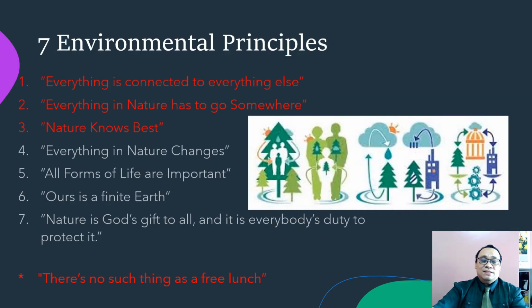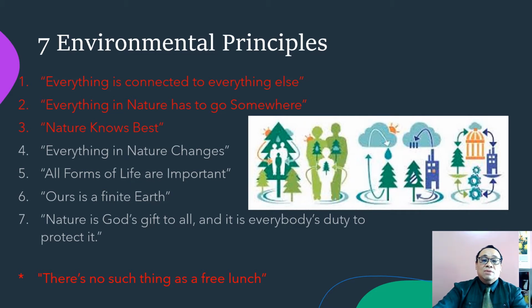Okay, so let's enumerate and state the seven environmental principles one by one. If you look at the seven environmental principles, there are four that are highlighted in red, and those are the original laws of ecology that Barry Commoner presented.